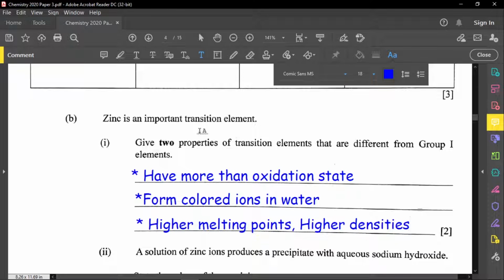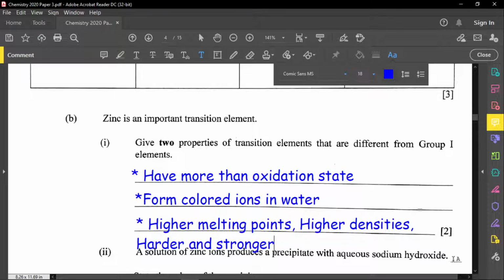They also have greater strength, so they are stronger, and they're harder as well. So they're harder and stronger. These are generally the properties of the transition metals compared to the group 1 metals.